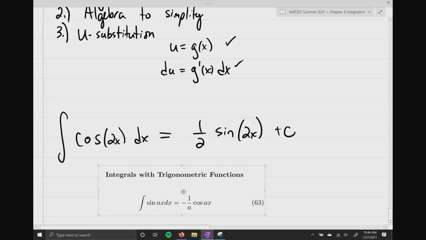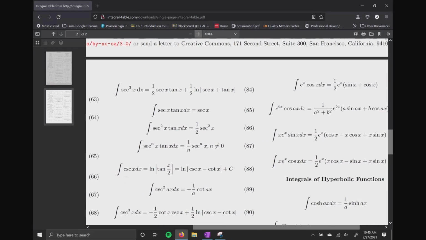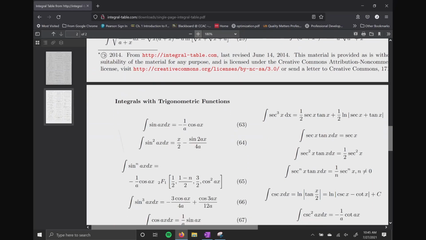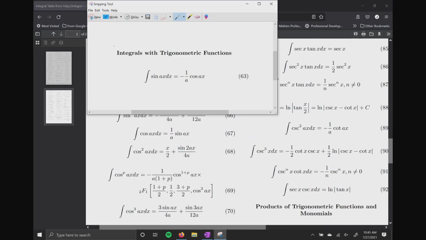And if you just look at what we have here, the integral of sine ax dx is negative 1 over a cosine of ax. And then if we go back to that table, let's see if I can find it here. There it is.